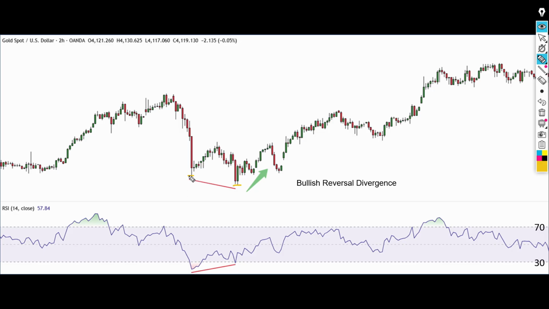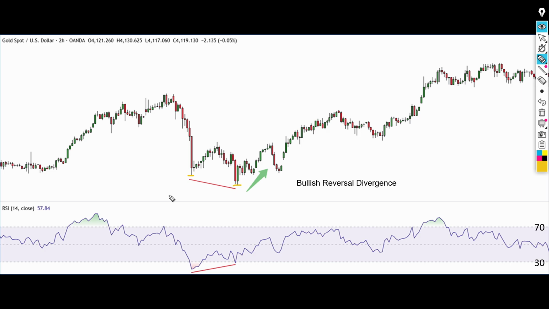So price action is making lower lows and the RSI is making higher lows. So there is a divergence here. This situation is called bullish reversal divergence, which basically means the price is about to reverse to the upside. So in this situation, we should always be looking for long positions or a buying opportunity.